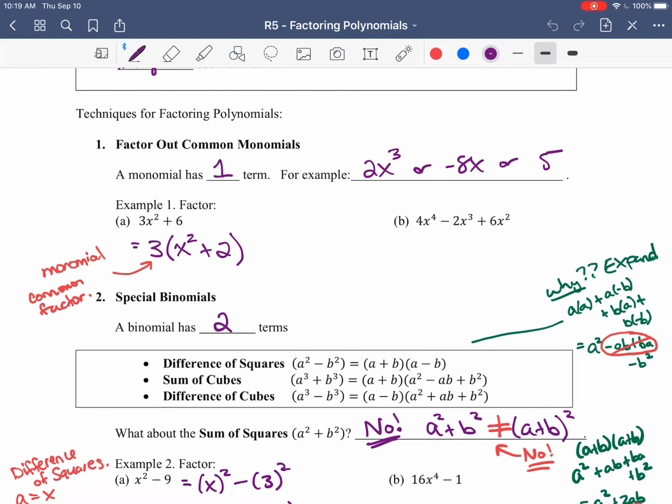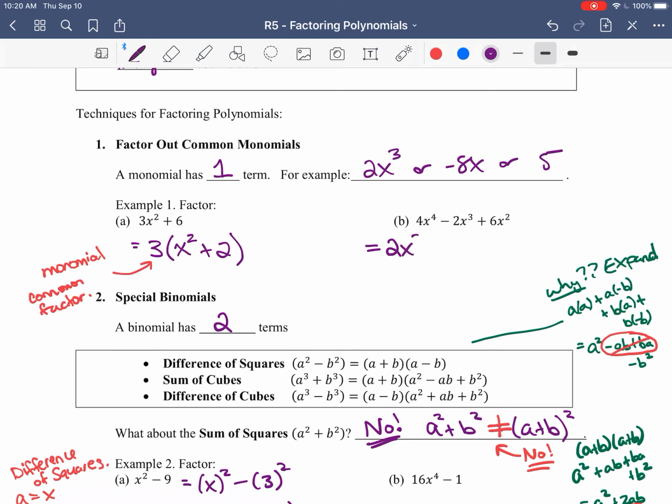So here we are, 4x to the 4 minus 2x cubed plus 6x squared. I can see right away that there is a common factor. It looks like there's x squared in all of these terms and also a 2.